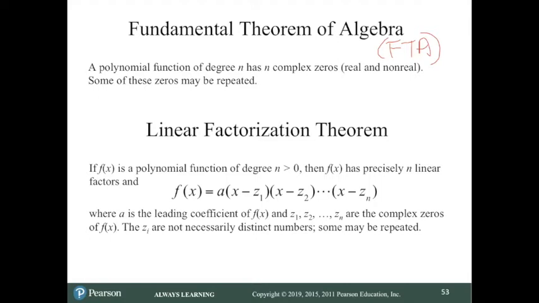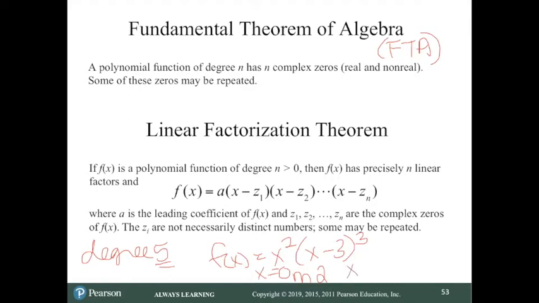If I have something like a degree 5 equation, I can have f of x equals x squared times x minus 3 cubed. You saw something similar to this in a previous homework assignment. We have that x equals 0 is a zero, multiplicity 2. So degree 5, I still have 5 zeros, but 0, the number 0, counts twice. Our other zero, x equals 3, has a multiplicity of 3, so that counts 3 times.